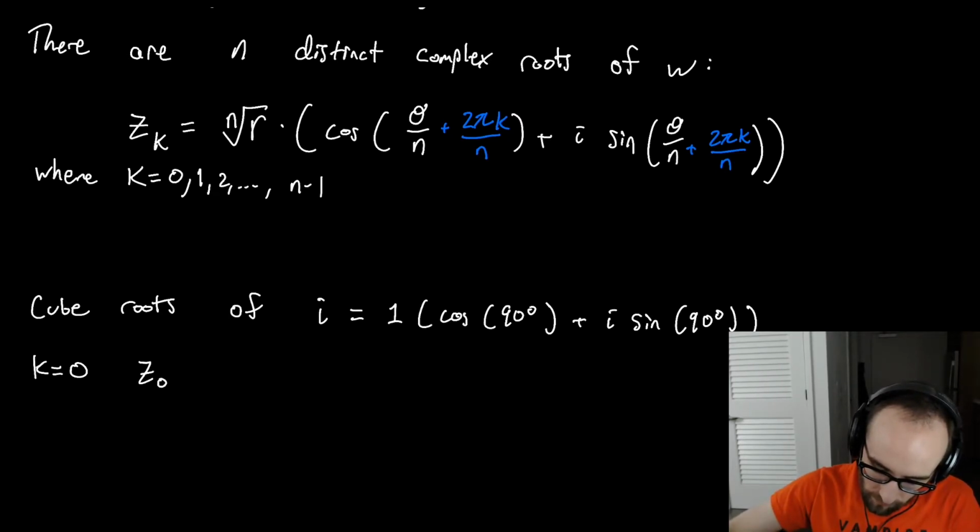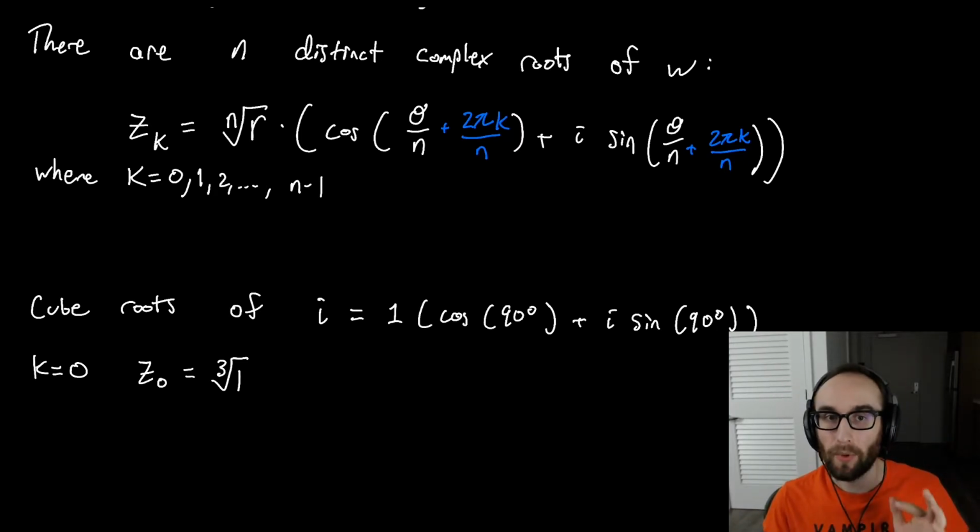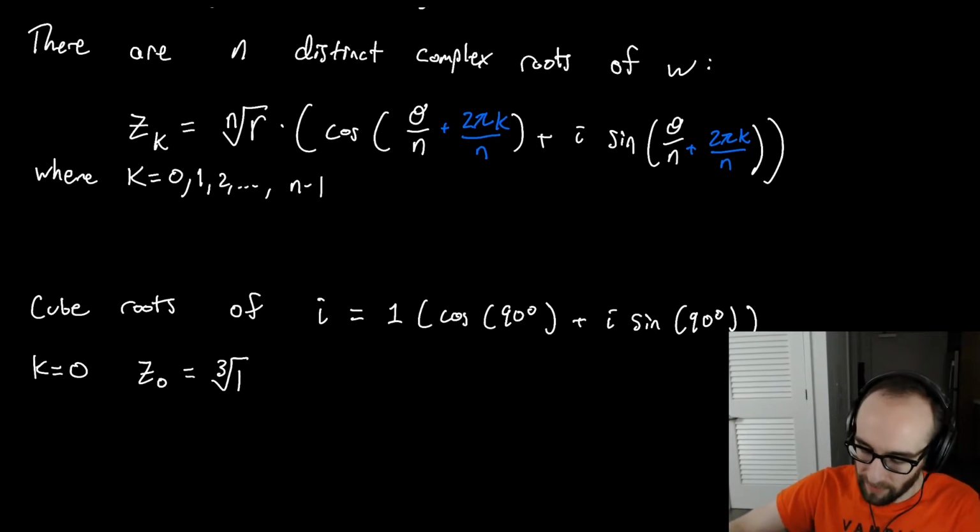So our first root, z sub 0, is equal to the nth root of r, so the cube root of 1. And the magnitude is going to be the same for all of the roots. We're always going to start off with that nth root of r. That doesn't change depending on k.